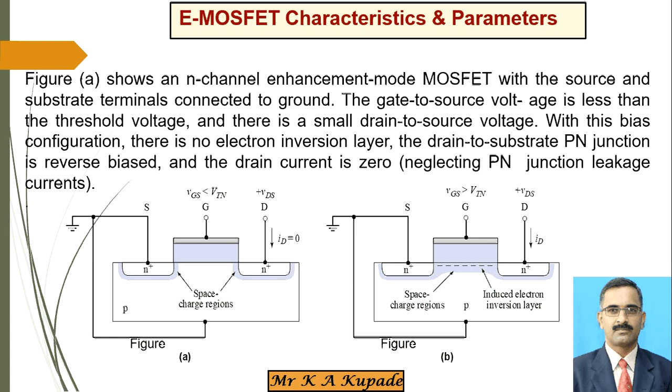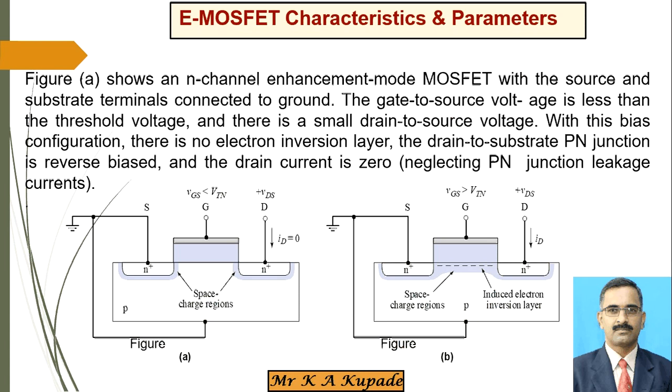Okay, that means some induced electrons are considered in that inversion layer, which is mentioned in the dotted lines, right? Now, due to that region, the majority carriers from the source now start to flow through this inversion region towards the drain region. See in this figure B, towards the inversion layer, drain terminal.